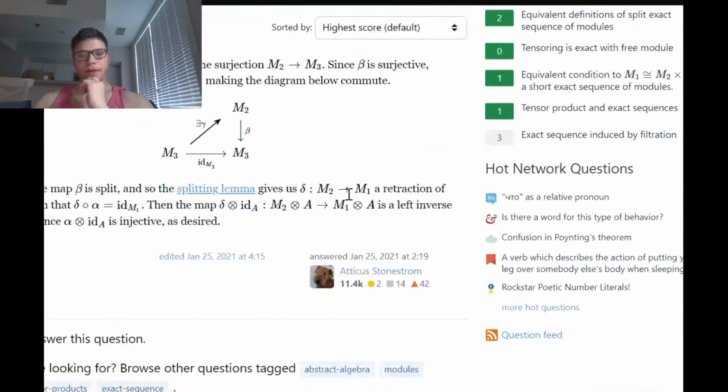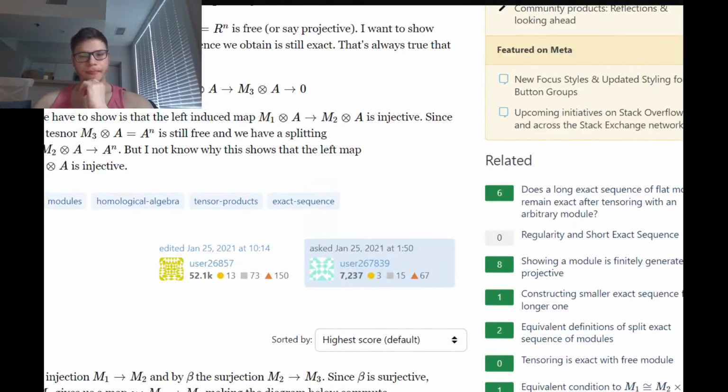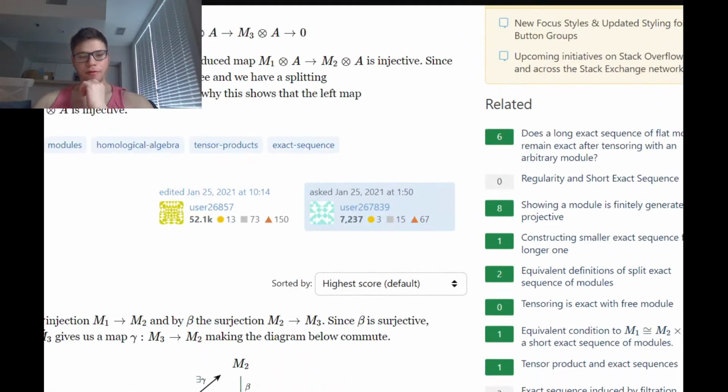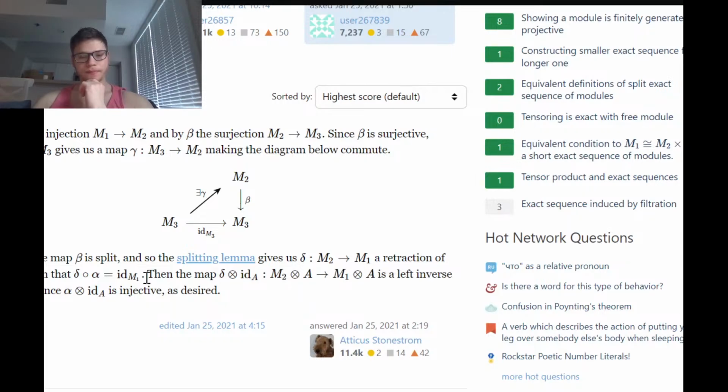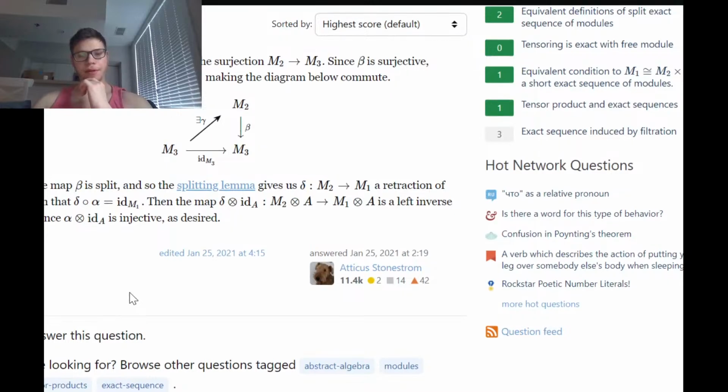The splitting lemma gives a left inverse. If alpha is the map from M1 to M2 and beta is the surjection, then he's saying that this should be from M3 to M2. There's something wrong with this.